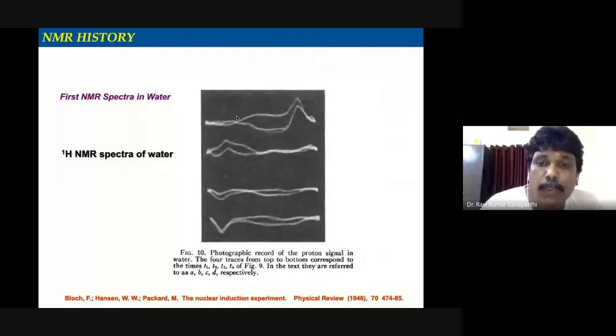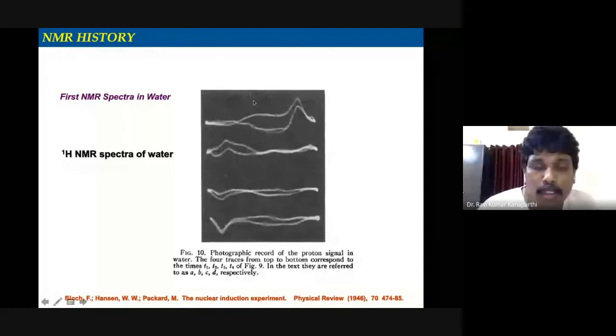So just for recording this, they were awarded the Nobel Prize. I'm sure that nobody will give a Nobel Prize for this type of thing nowadays, because people are very demanding. Your seniors who have done their dissertation have recorded their spectra much better than what you see here. But still, in those days, that small discovery was a breakthrough. That is why they were given the Nobel Prize.